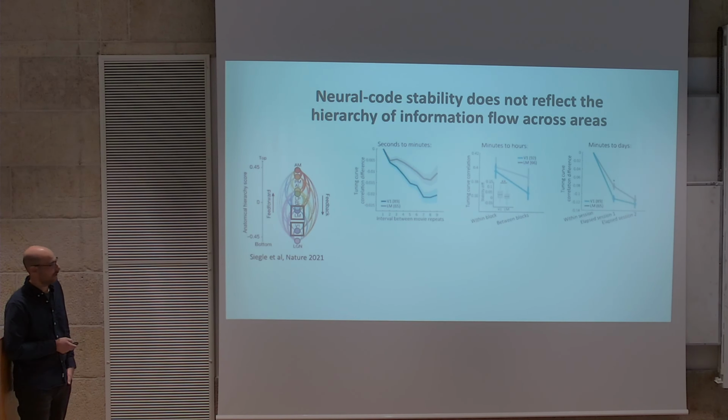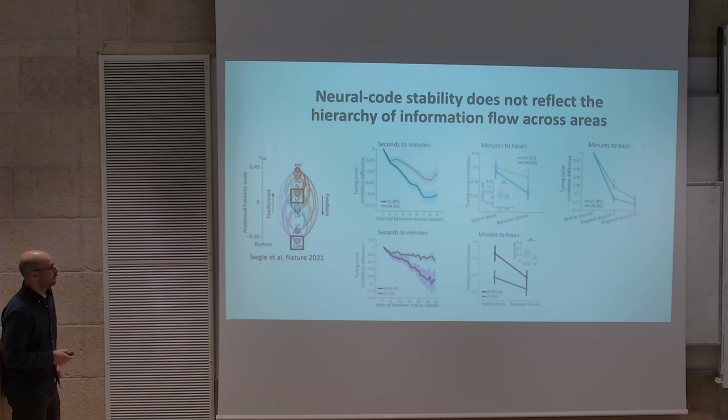And finally, using only the Neuropixels data to look at differences between the LGN and the downstream area LP, again two anatomically adjacent structures, we see that LGN actually drifts faster than the downstream area LP.